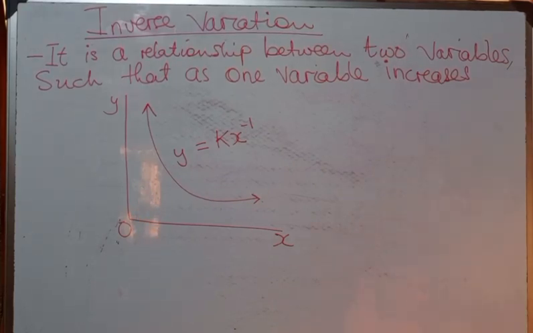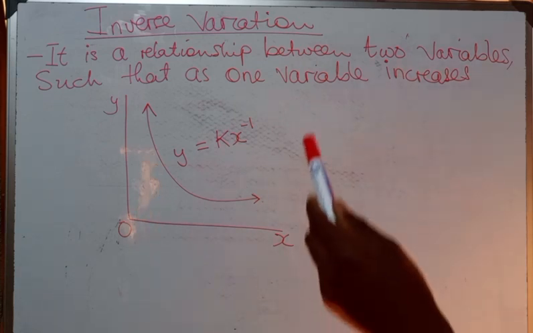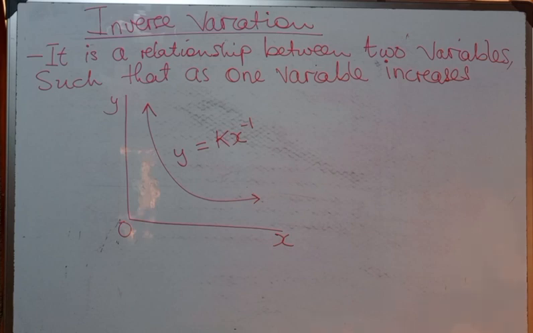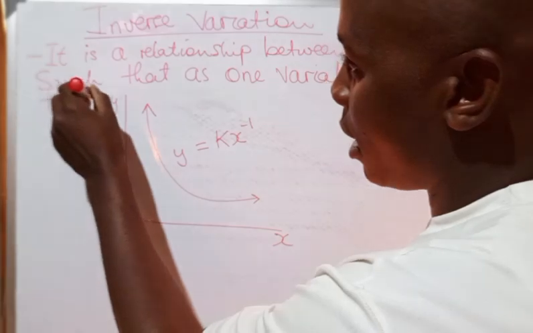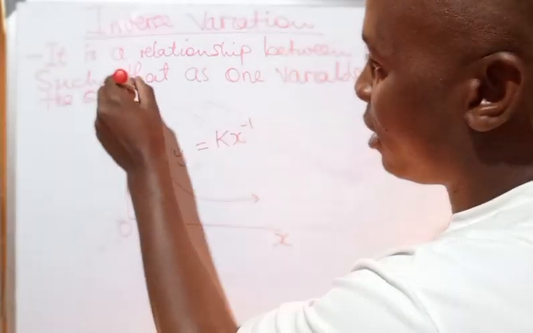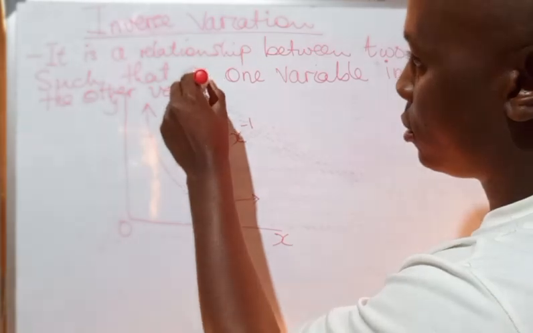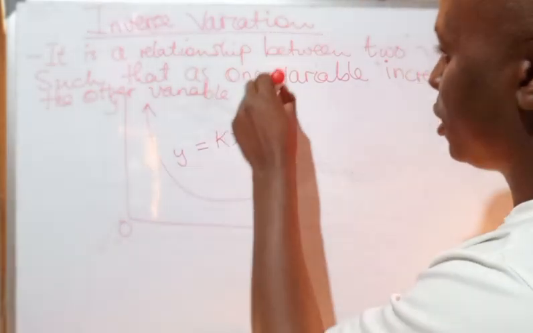We now look at the inverse variation, which is the second subtopic under variation. And the inverse variation, we are told it is a relationship between two variables such that as one variable increases, the other variable decreases.